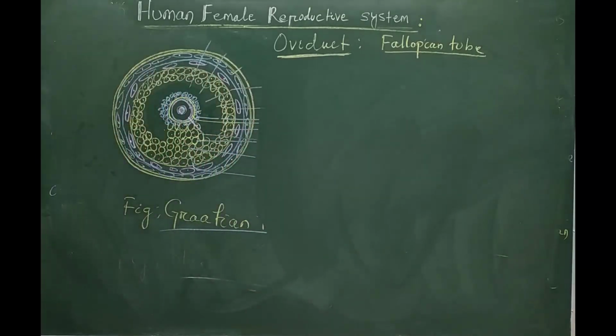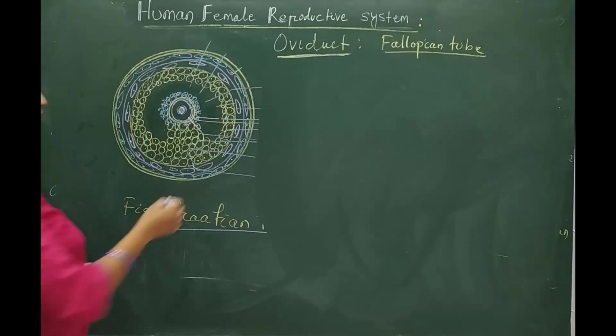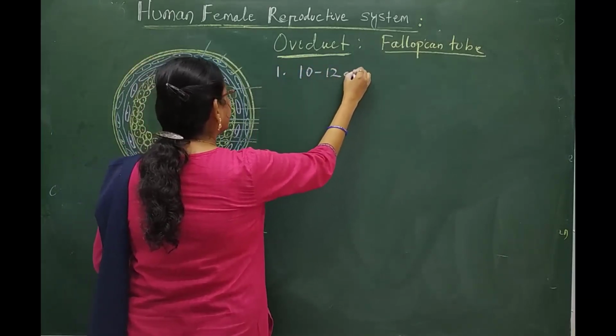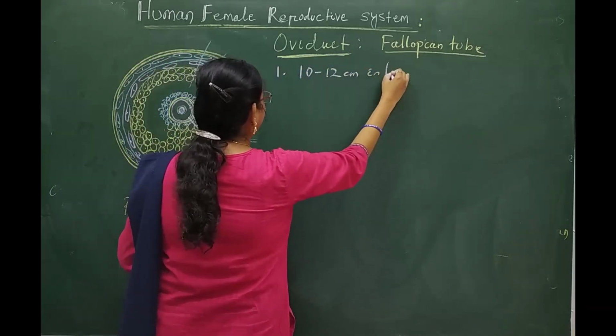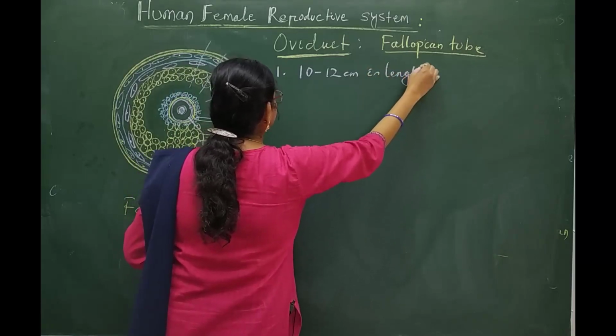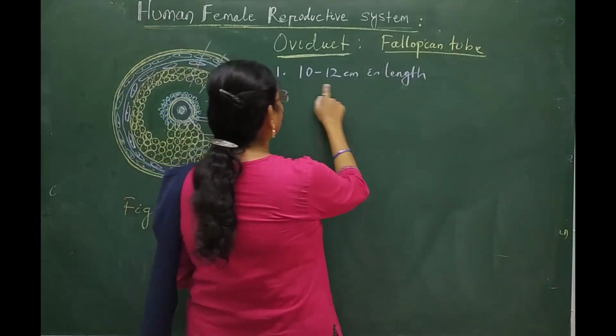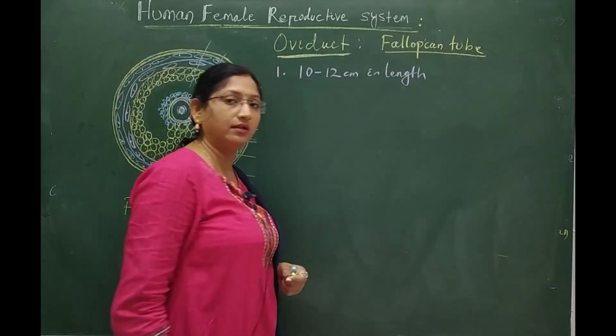This oviduct, or each fallopian tube, is about 10 to 12 centimeter in length.